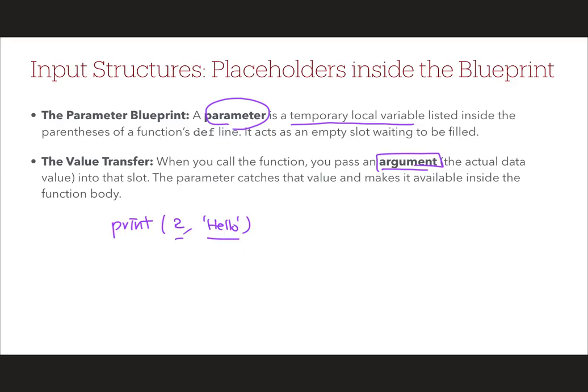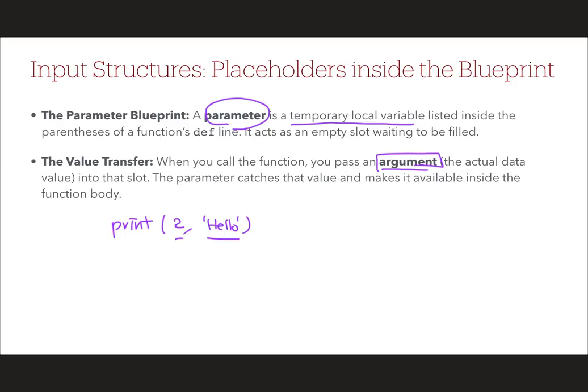Okay? In order to receive those values, there must be two placeholders, one for each value. Those two placeholders must be defined when you define this function print, and they will be defined within this parenthesis.